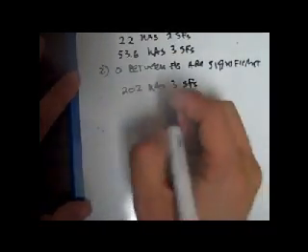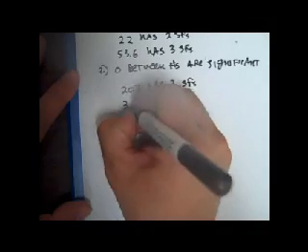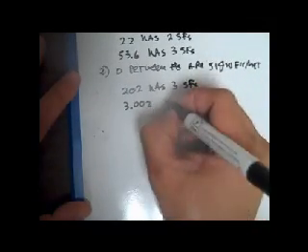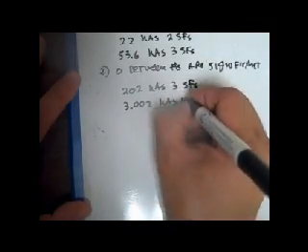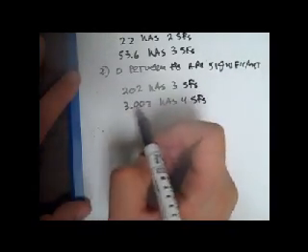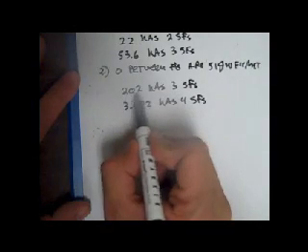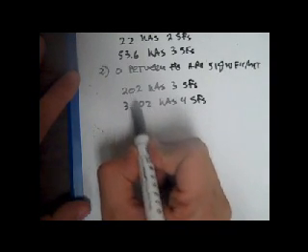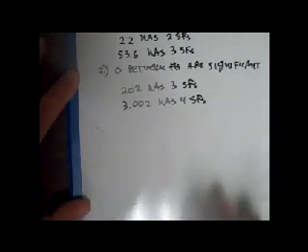The number 3.002 has 4 sig figs. So if you see a number and then there's a 0 between 2 numbers like this, this is a significant digit, and these are significant digits. Okay.